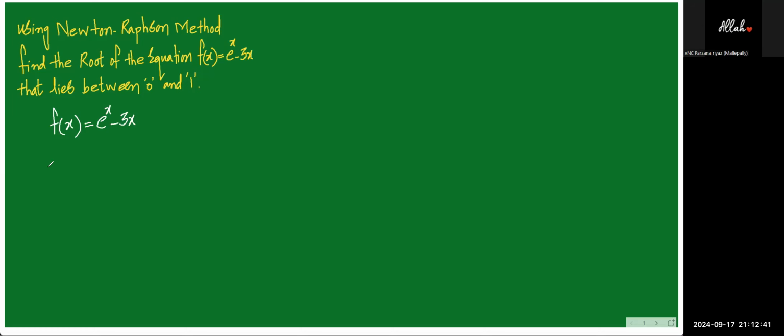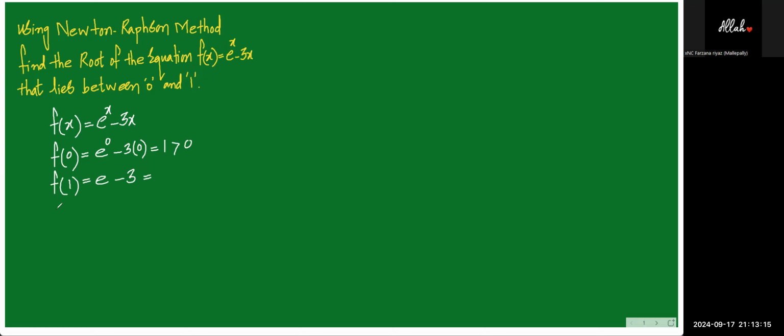Now if you check by taking f of 0, we get e power 0 minus 3 into 0. 3 into 0 must be 0, but e power 0 is 1, that is greater than 0. Now if you see f of 1, e power 1 is e only, minus 3 into 1 is 3. Now calculate this value and tell me what is the answer.